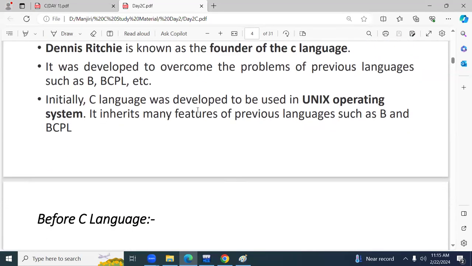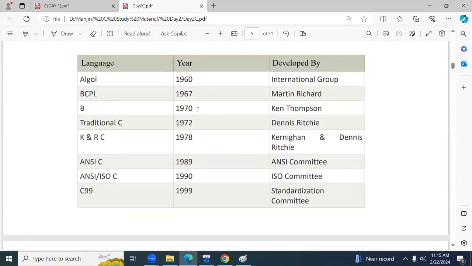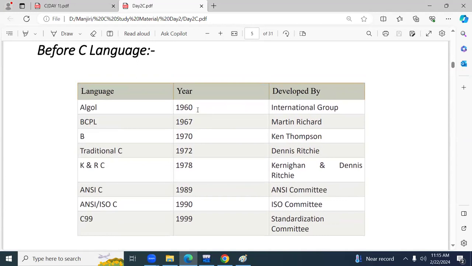Okay. Then next we'll go through the different languages before the C language. That is Algol, in 1960, developed by an international group. Then BCPL, invented by Martin Richards. Then B language, by Ken Thompson. Then traditional C, which I already mentioned, invented by Dennis Ritchie.